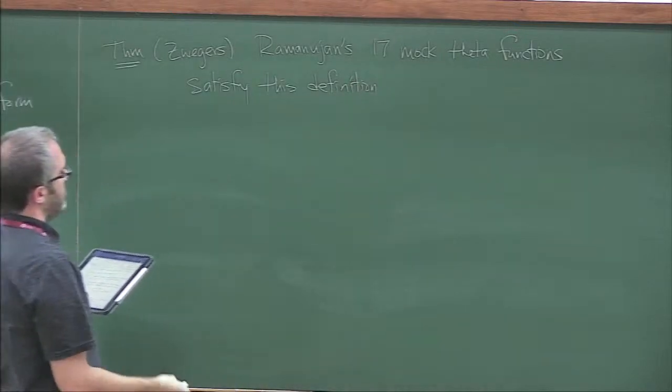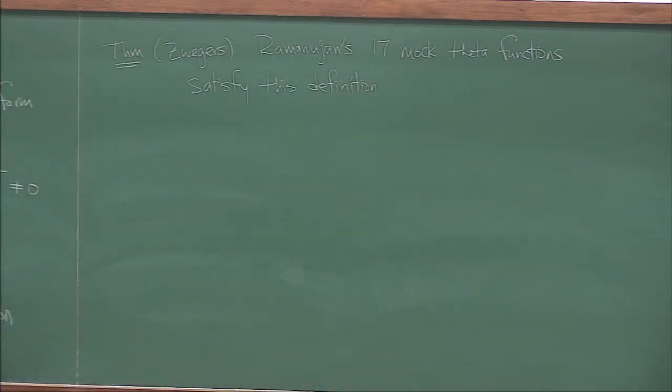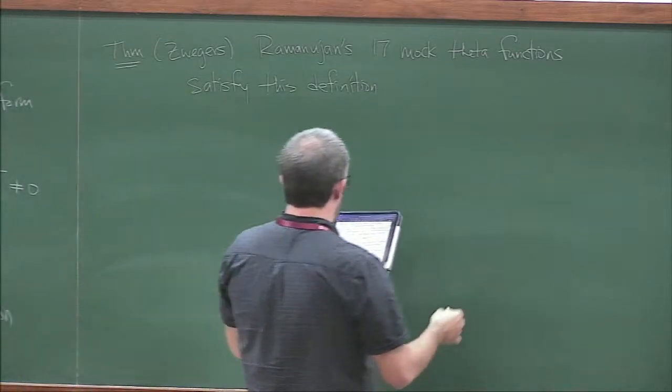So in other words, the 17 examples that Ramanujan wrote down in his last letter, they actually do satisfy the third part of this definition. There is some unary theta function that is the shadow of the Mach theta functions, such that when you complete them with this shadow piece, you get a harmonic Maass form of weight 1/2.